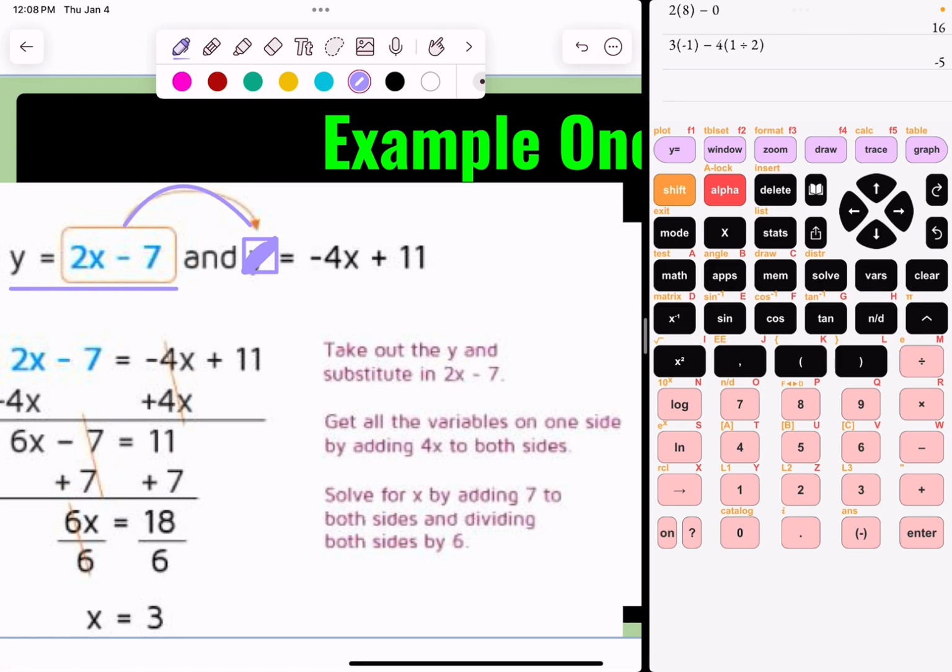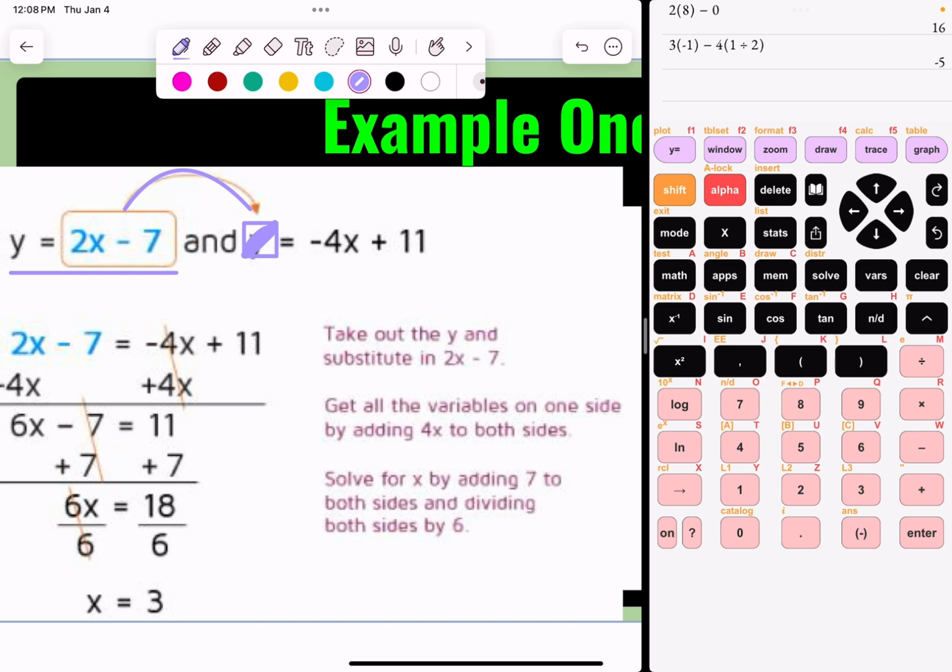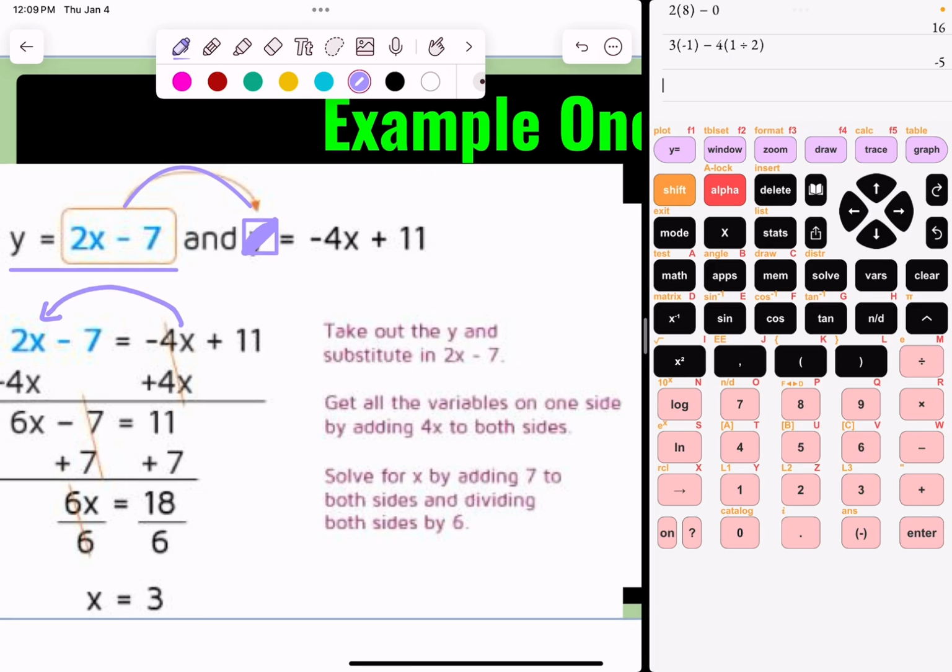So we will be left with 2x minus 7 equals negative 4x plus 11. Hopefully you remember how to solve equations. We like to bring our variable to the right side. So instead of minus 4x, we're going to add 4x. That will give us 6x minus 7 equals 11. I don't like the minus 7, so I'm going to bring it to the other side, which would be adding 7. I will get 6x equals 18. Divide by 6 on both sides. I get x equals 3.